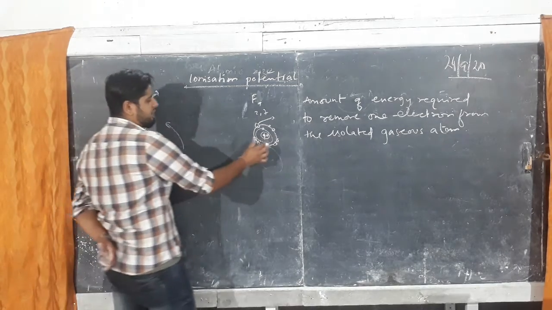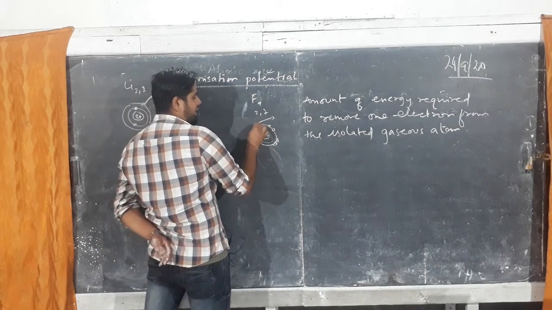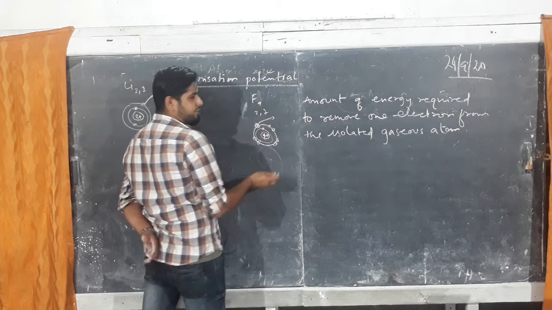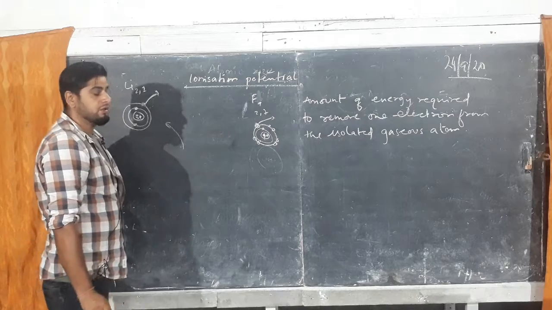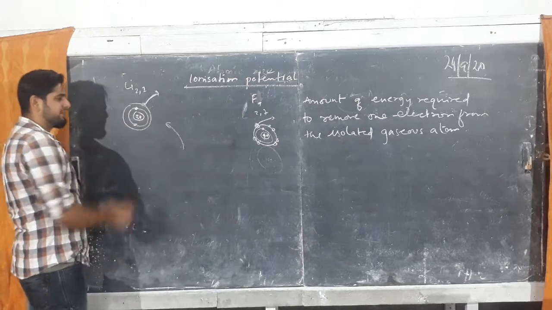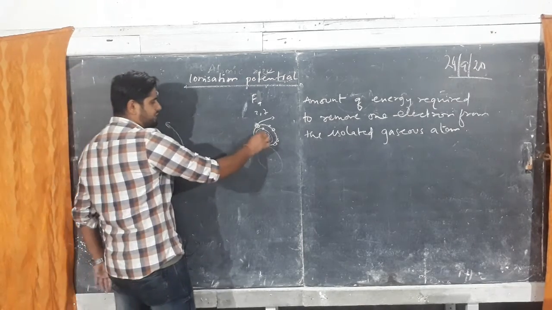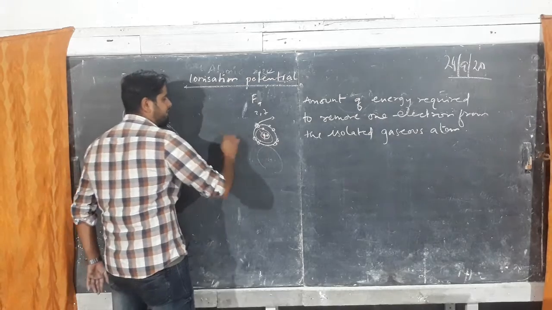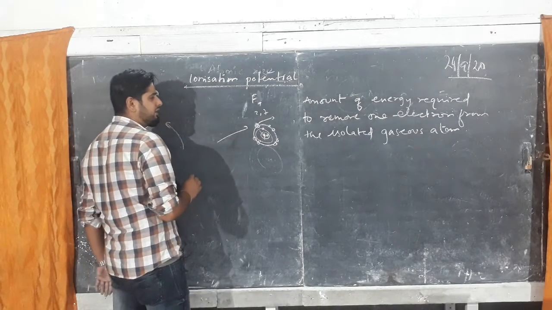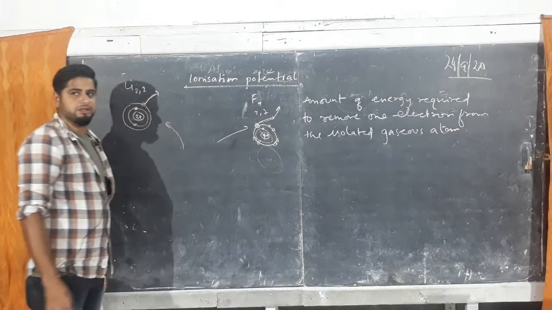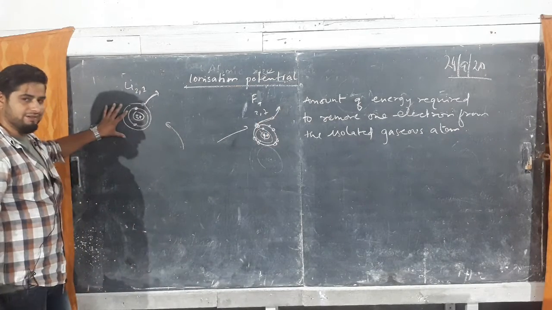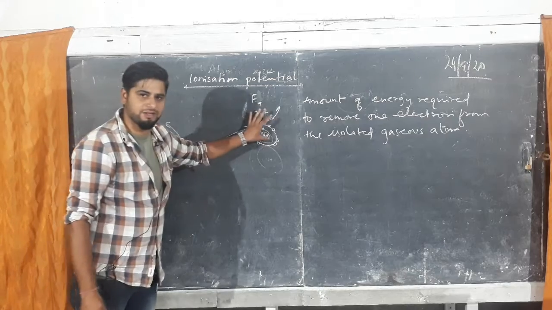Here this electron is experiencing pull from this 9 positive charge, which is somewhat higher than this. If the pull is strong, you need to supply more energy to remove this electron. Yes or no? So here less energy is required, here more energy is required.